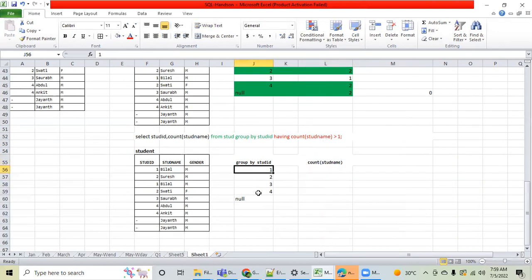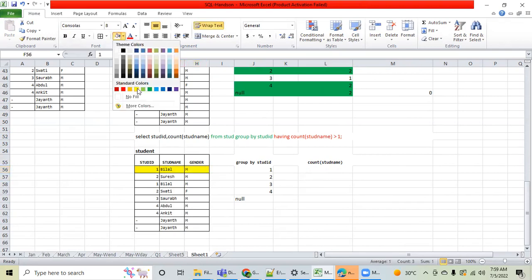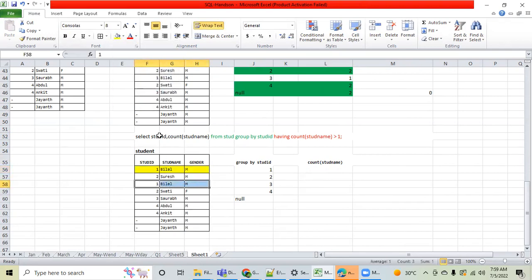Count of student name you're asking. For ID 1, this is the record with ID 1. Do you have any other ID 1 here? No, only those 2 records are there with ID 1. So this bucket is present twice here. But what you're looking for is count of student name.